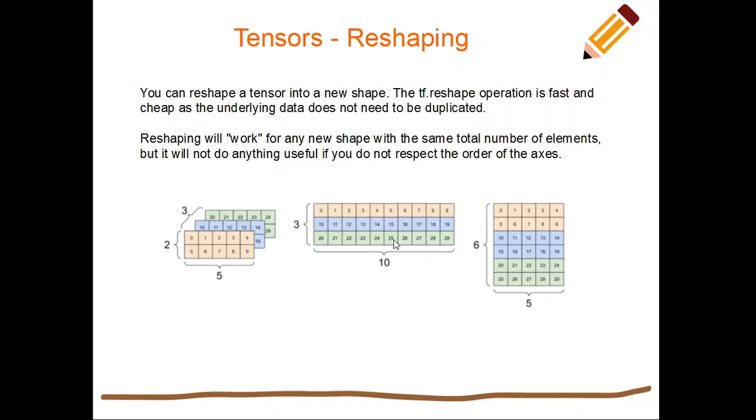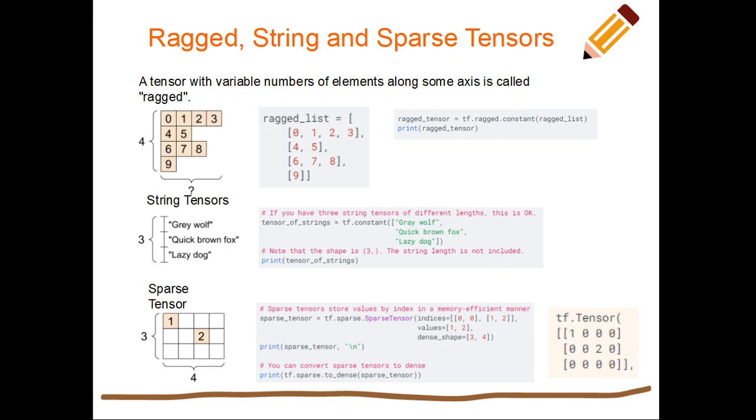But we can have different numbers of elements on a specific axis, and that is what is called a ragged tensor. This is how it can be created, by giving lists of different lengths, using tf.ragged.constant, and we give this list as an input here.